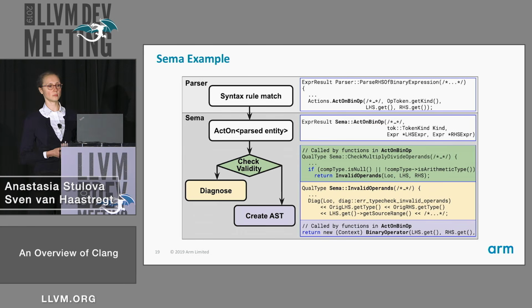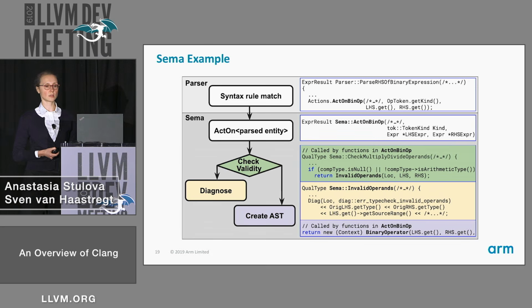So how does the SEMA architecture look? The first thing SEMA will do is check validity of a program from the semantical side. For example, even if you are parsing a binary operator in C successfully, you might not be able to perform the operation if the types of the operands aren't arithmetic types. Here is how the check looks in the Clang code base.